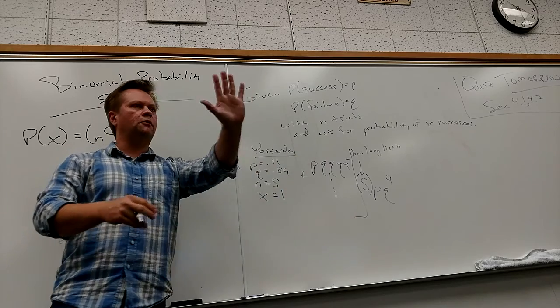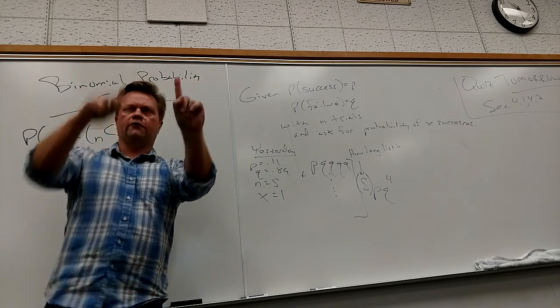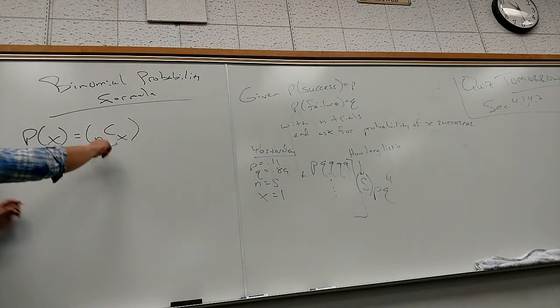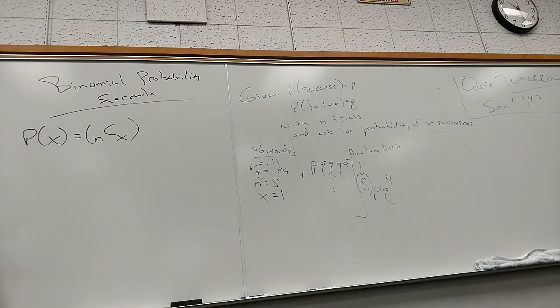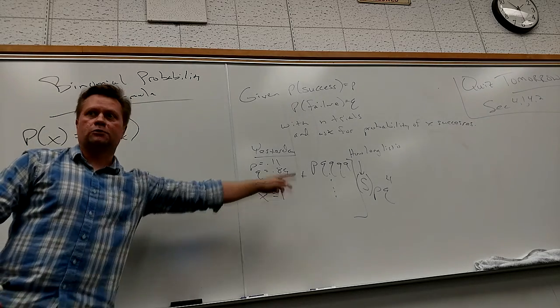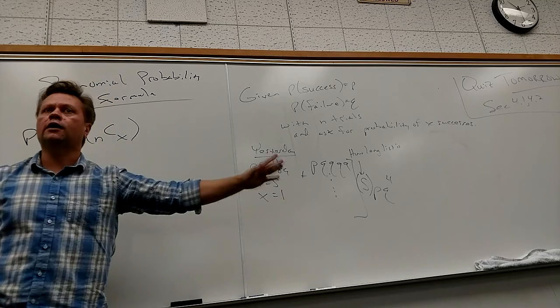So I got 5 people, and I want to choose one of them at a time to be the left-handed person, right? So this would be 5 choose 1, and if I do that in the calculator, it'll be how many ways there would be to do that. So if I do 5C1 in the calculator, it better come out to be 5. Because we already figured it out. There's 5 ways to do that.